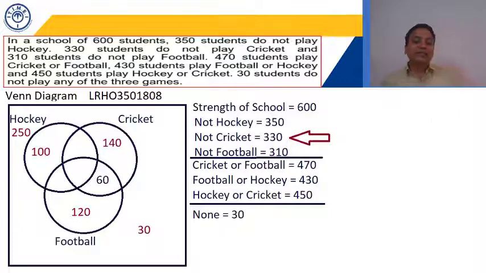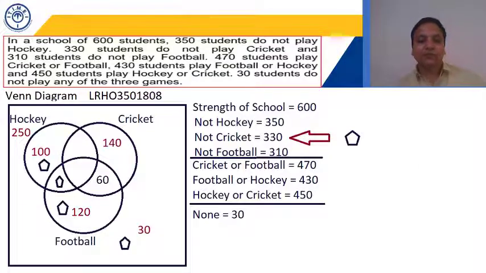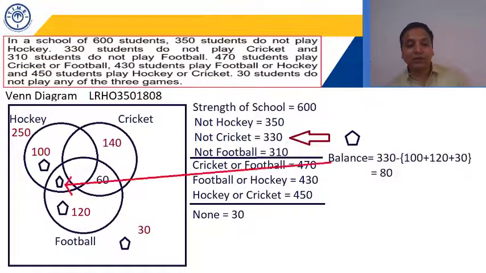Now just look, not cricket. Not cricket is 330. Outside cricket, the sum should be 330. This is shown by a different figure. Out of these 4 regions, 3 values we know. So what comes into the unknown region? The balance is 330 minus 100 minus 120 minus 30. 120 plus 30 is 150, plus 100 is 250.